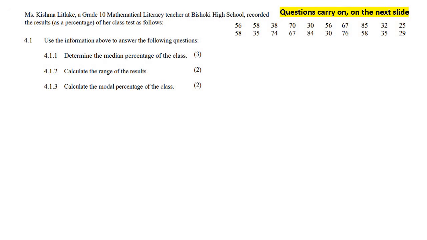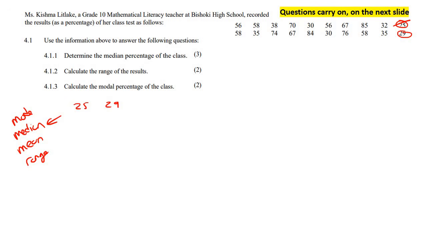Okay, so remember that we typically study mode, median, mean, and range. Specifically, when you're going for the median, you have to make sure these results are from smallest to largest. So the smallest is 25. So we put 25. Then, I think it's 30. No, there's a 29. Okay, I'm going to run out of space if I do it like that. So it's 25.